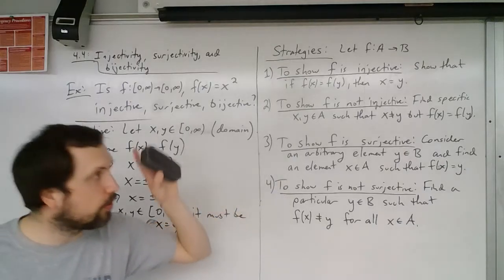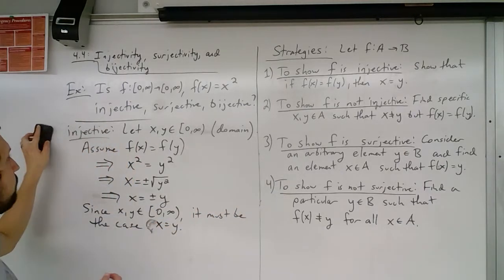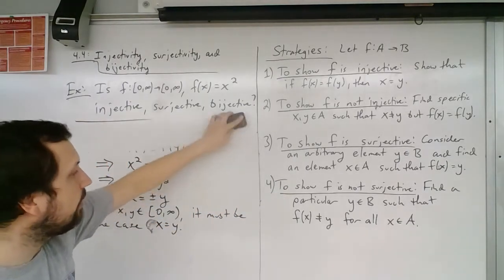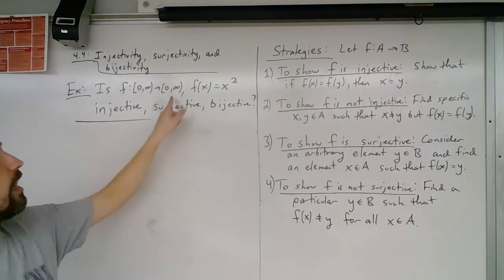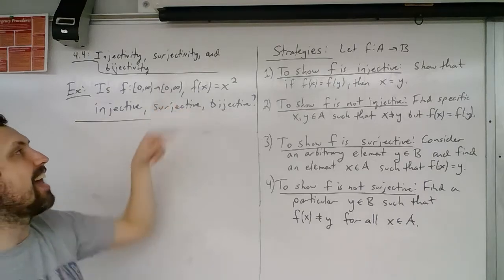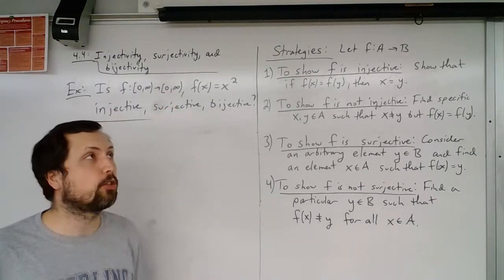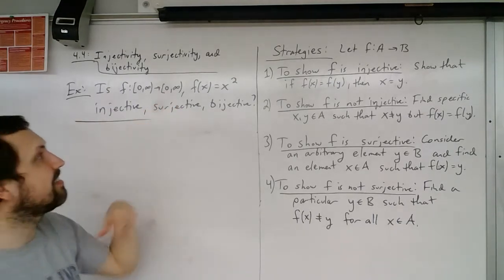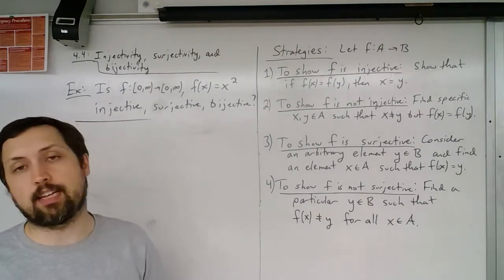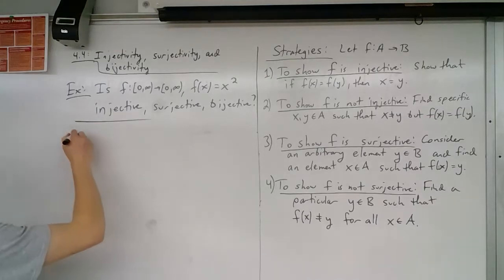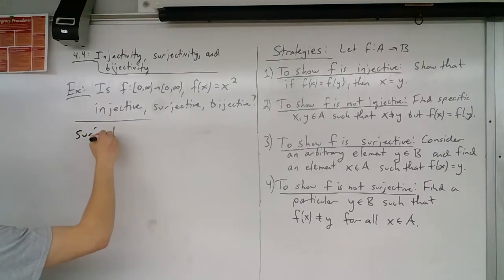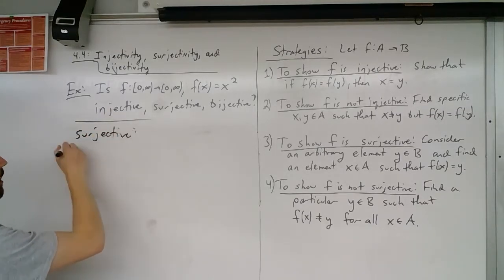Now, to work through surjective, again we want to think back to the intuition behind surjective. Surjective says that every element in my codomain has an element from the domain that gets mapped to it. If you're looking at only non-negative numbers, the counterexample we did last time does not work for us. So we're going to show that this is surjective.